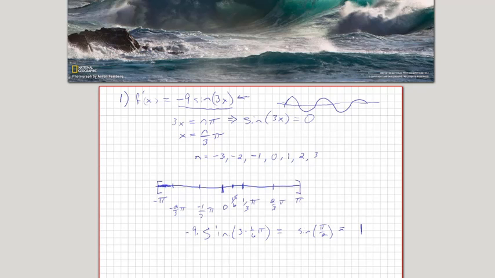So negative 9 times each of these is really my derivative at f prime of pi over 6. And I don't really care that it's negative 9. What I care about is the fact that it is less than 0. So that means my function is doing something like this.